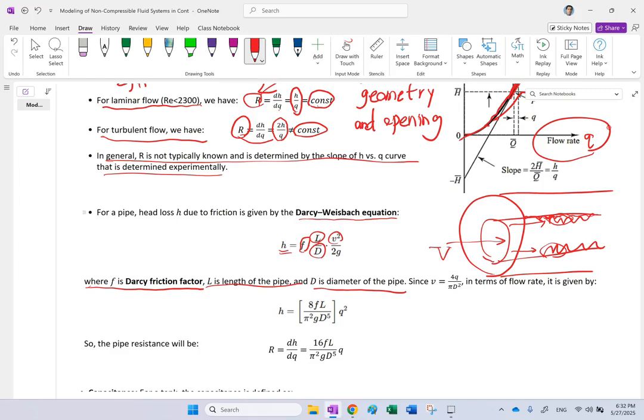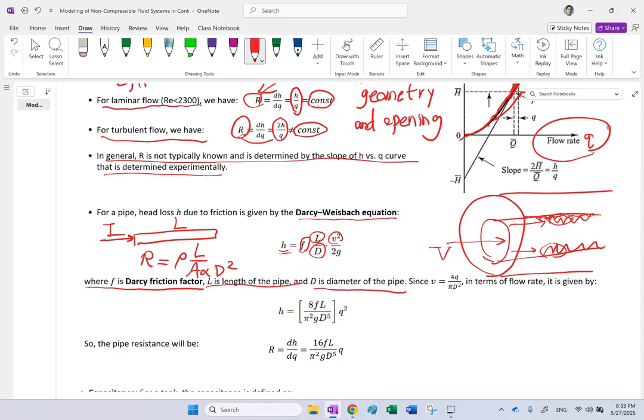And similar to the resistance in electric circuits, if you remember, when current goes through a piece of conductor, the resistance of this conductor equals the specific resistivity times L over A, correct? Where A was the cross section and L is the distance. And as you know, A is proportional to D squared, right?